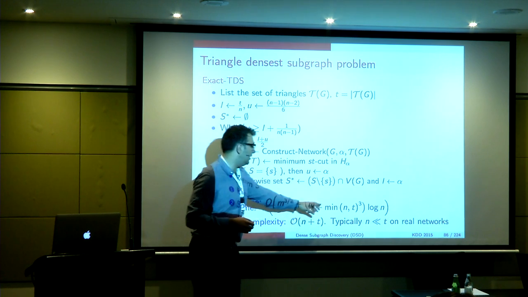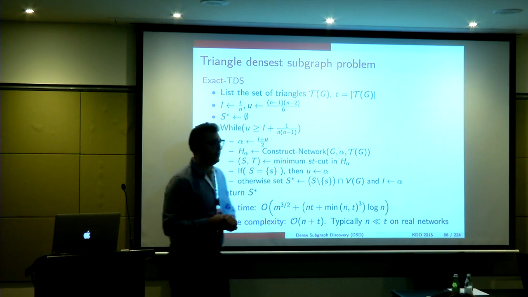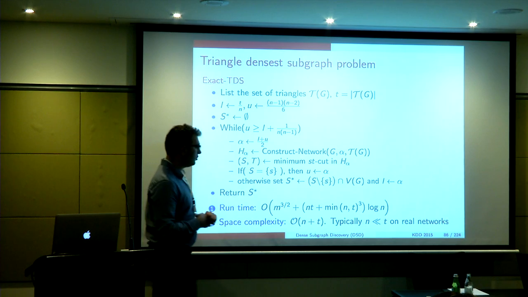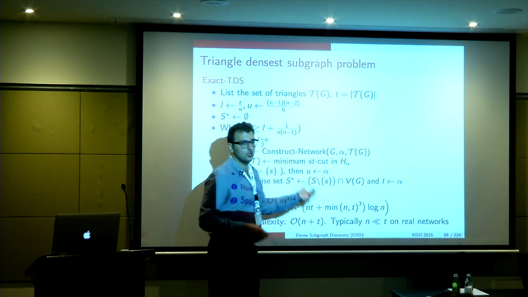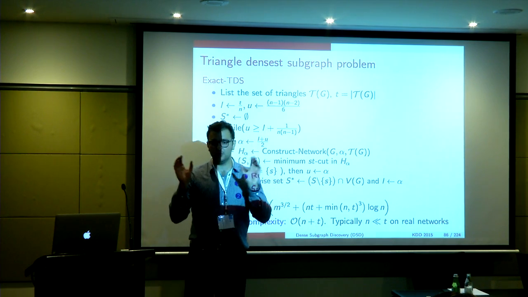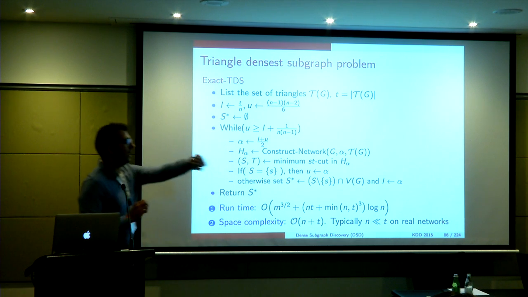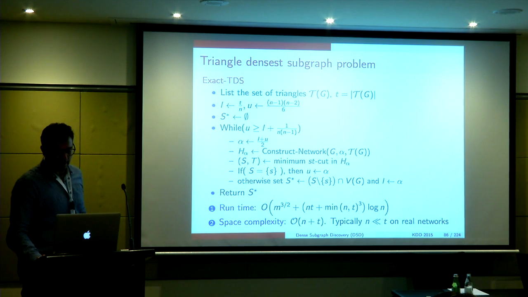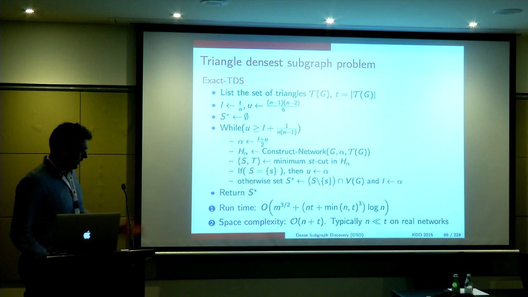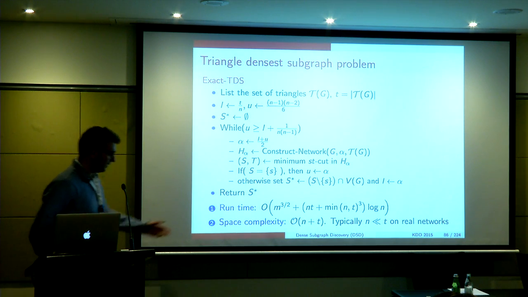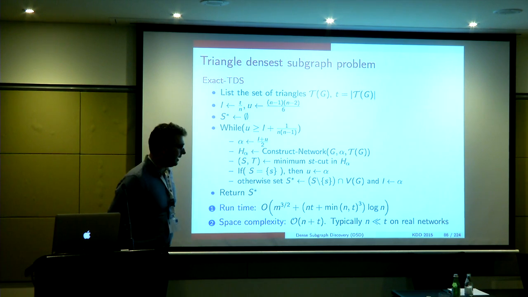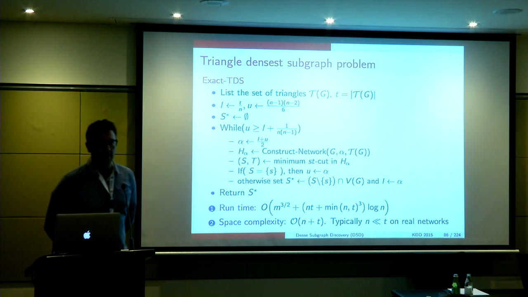So invoking an algorithm due to Orlin, Chuzhoy, and collaborators turns out to be a very good choice for this particular problem because this bipartite network is highly unbalanced. So the space complexity is n plus the number of triangles, and as I said, typically the number of triangles is way greater than the number of vertices.